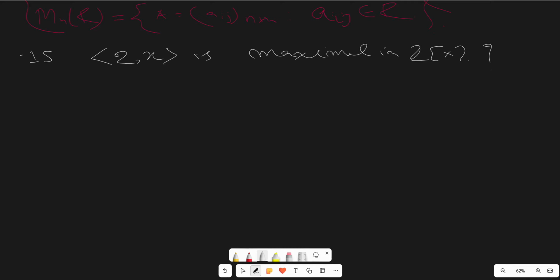What we will do here: you know the definition of the maximal ideal, right? So you need to find this ideal (2, x).